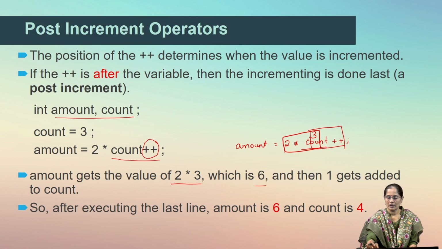One is the evaluation of the expression on substituting the variable with its value, and then it increments the value of count. After the execution of this statement, we can see that the amount value will be 6 and the count value will be incremented by 1 and become 4 after the evaluation of the expression.